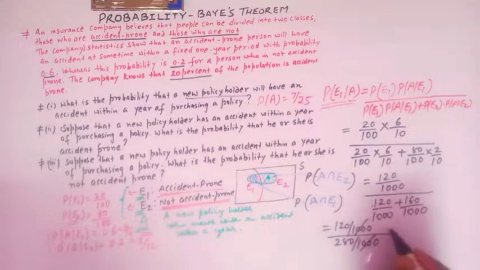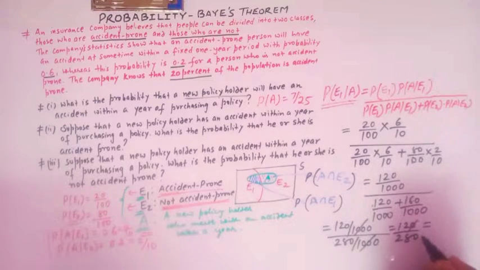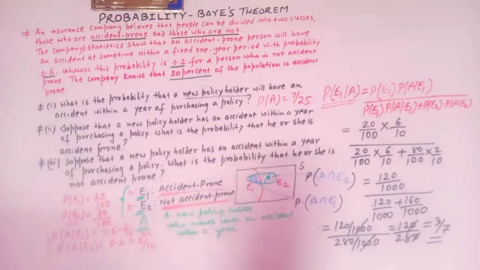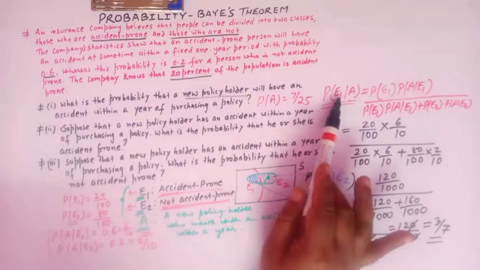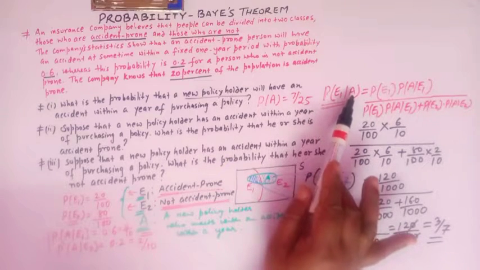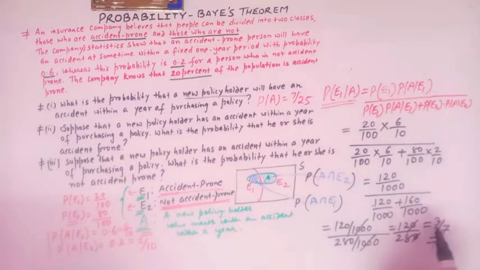These two get cancelled, and we have 120 over 280, which is 3 over 7. So the conditional probability of E1, provided that A has happened, is 3 over 7.